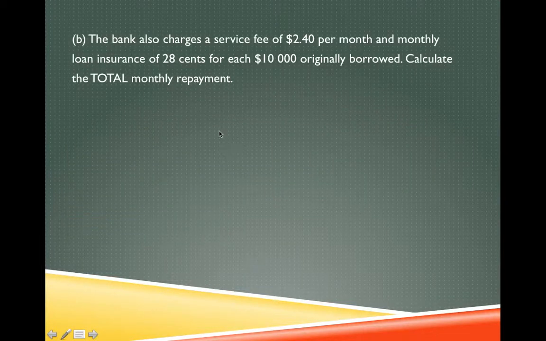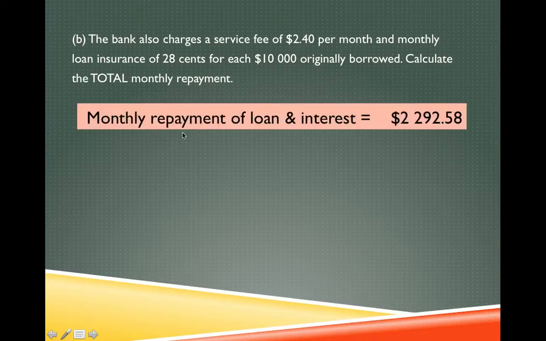The bank then also charges a service fee of $2.40 per month and monthly loan insurance of 28 cents for each $10,000 originally borrowed. Calculate the total monthly repayment. Firstly, we have the repayment covering the loan and the interest as we've calculated in part A of the question.